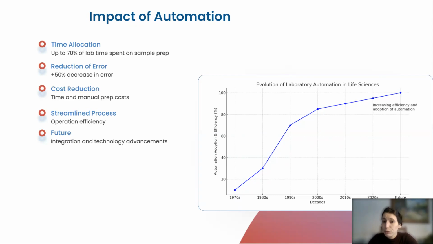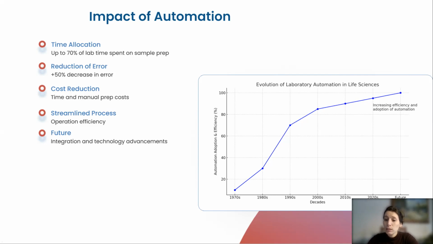A huge benefit, of course, is the reduction of error. So on average, automation typically decreases the error rate by more than 50%. Another key benefit would be the cost reduction. So not only is it from a process standpoint, the cost reduction, but also from a manual setup and the time that is being invested whenever we're doing prep. Another key benefit, of course, would be the operational efficiency.